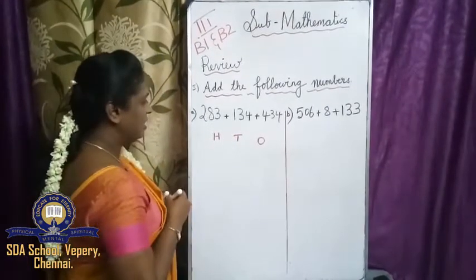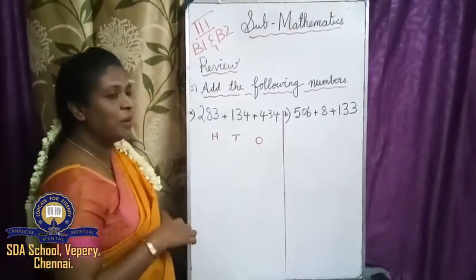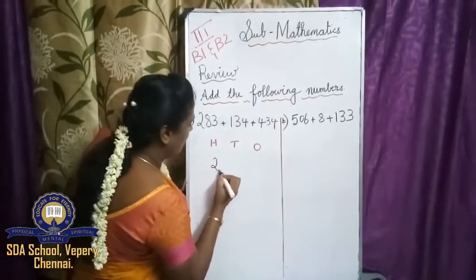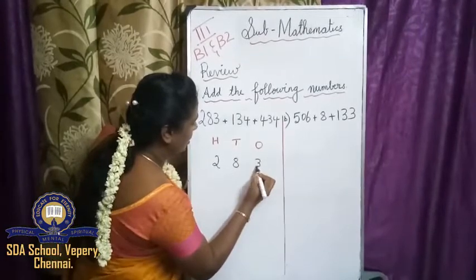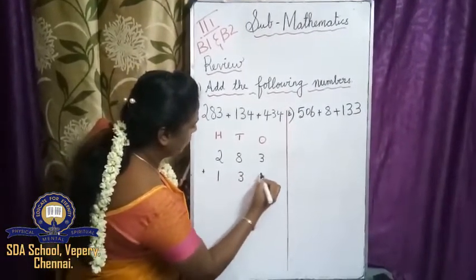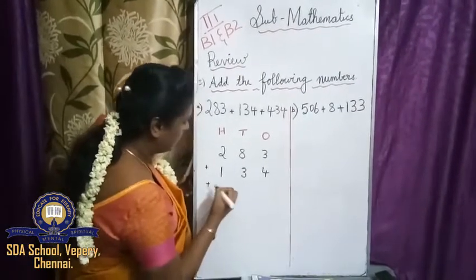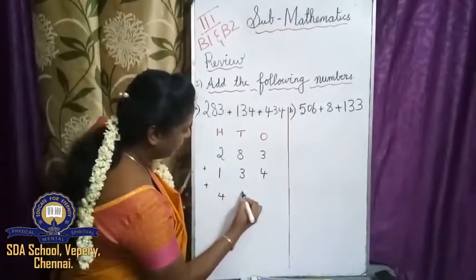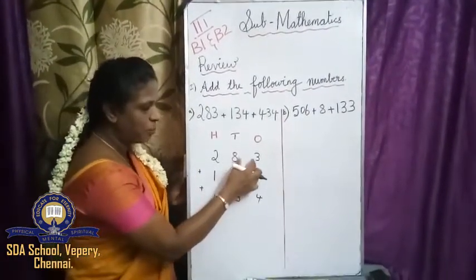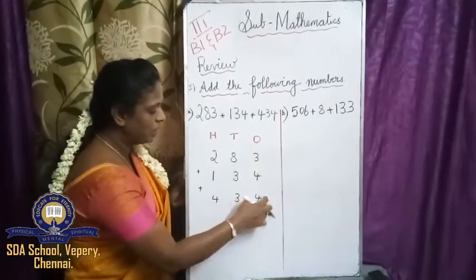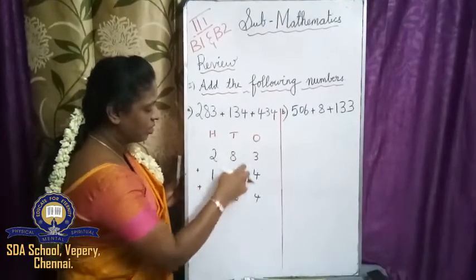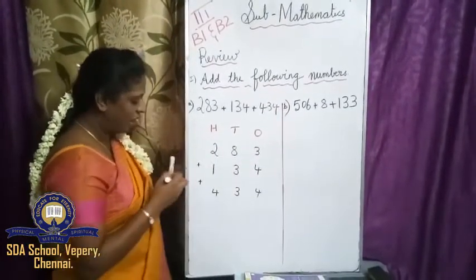Now let us write the digits in their places: 283 plus 134 plus 434. Children, write neatly, leaving gap in between. All the numbers should be in the correct position. This all in ones place, this all in tens place, and this all in hundreds place.